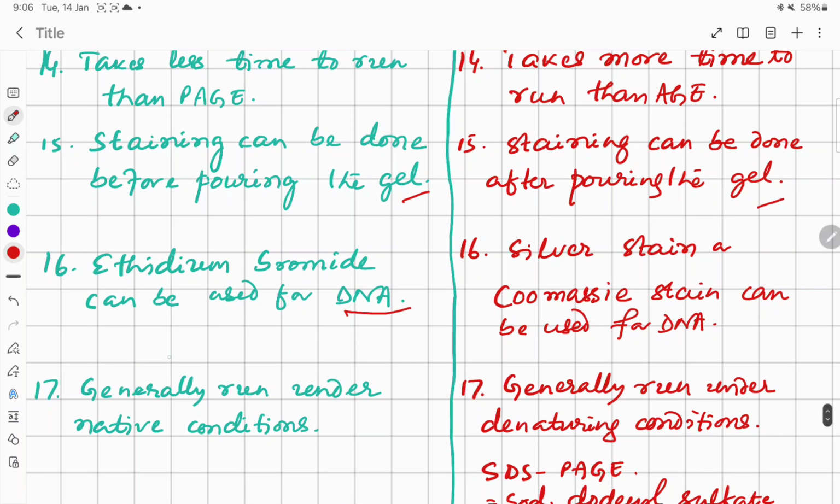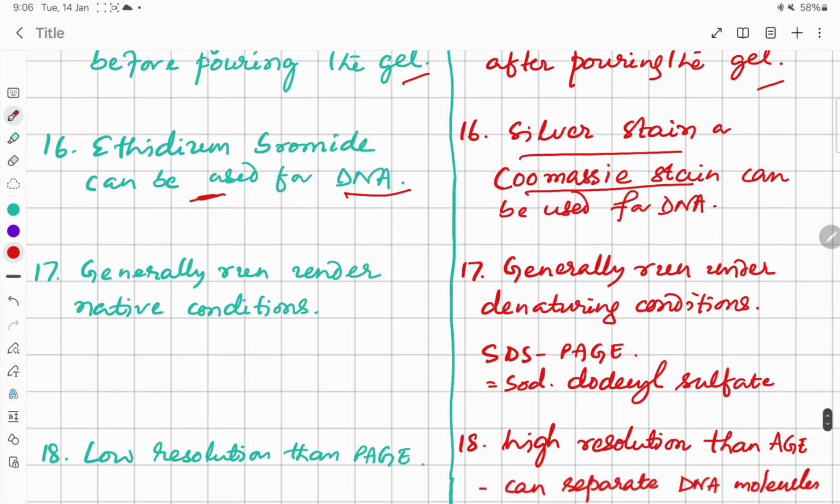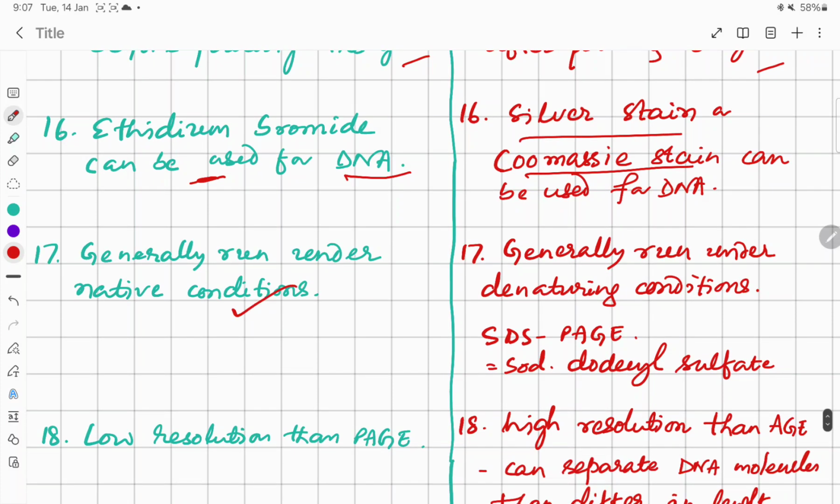For DNA, ethidium bromide can be used as the stain, and in case of PAGE we can use silver stain or Coomassie stain. Agarose is generally run under native conditions, and PAGE is generally run under denaturing conditions, mostly because PAGE is mostly used for proteins, and to make proteins negatively charged we use an anionic reagent like sodium dodecyl sulfate or SDS.